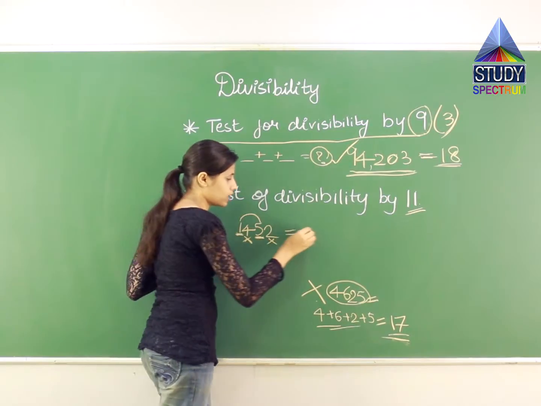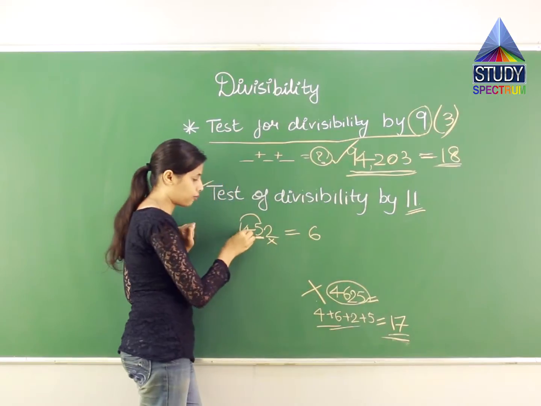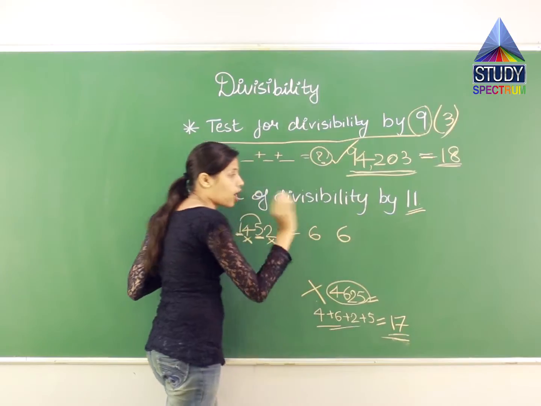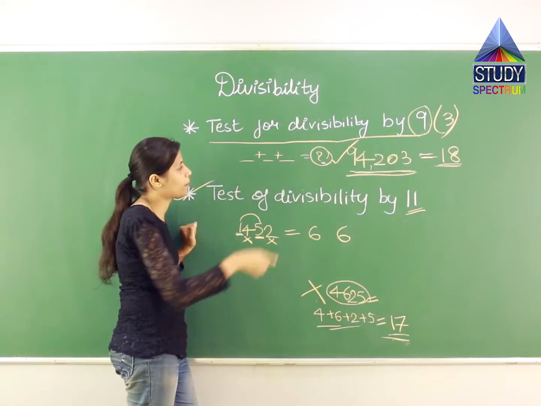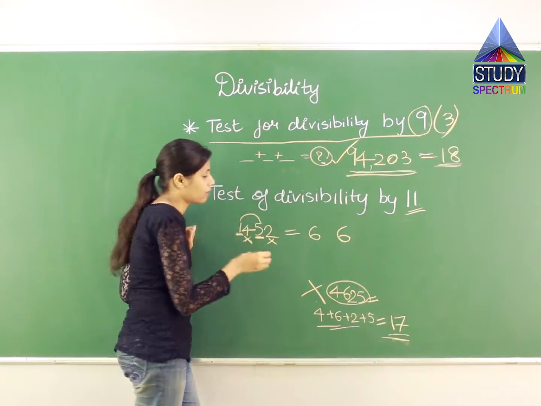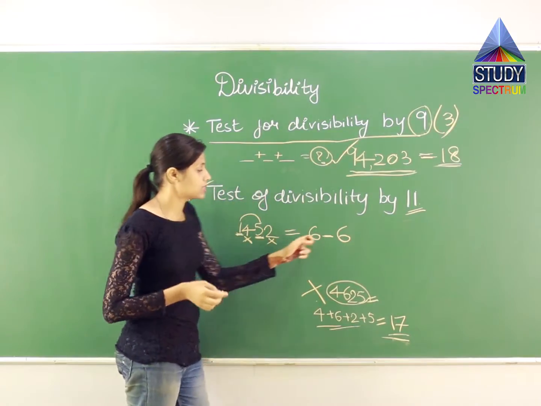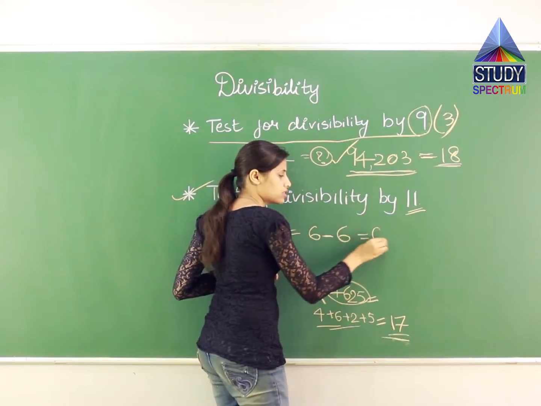So 5 plus 1 is equal to 6. And 4 and 2 I'll add them. 4 plus 2 is equal to what? 6. And what did I say? Difference of the two numbers. Over here we were finding the sum. Over here we will find the difference. So I'll write a minus sign in between. 6 minus 6 is equal to what? 0.